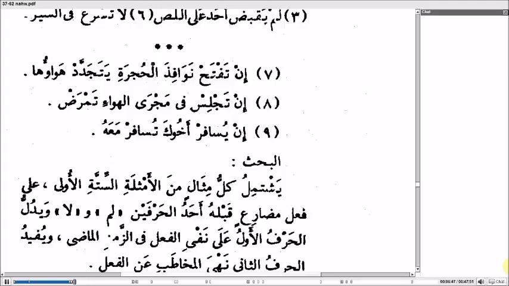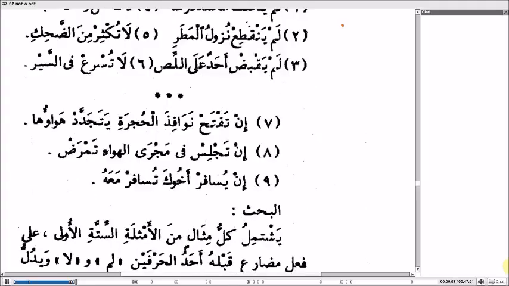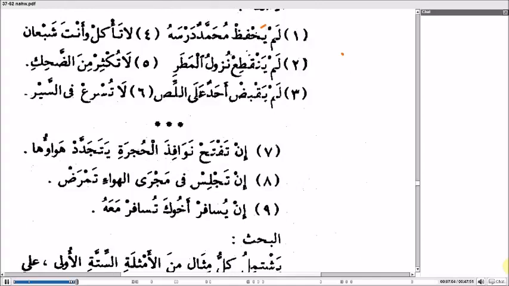So we have the first example. Lam yahfadh Muhammadun darsahu. Muhammad did not memorize his lesson.